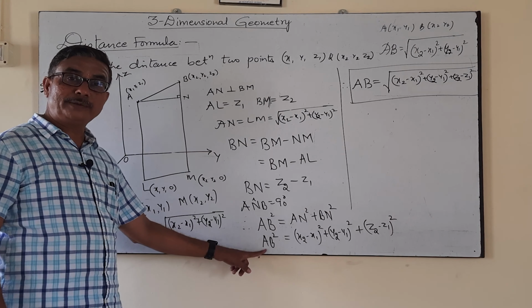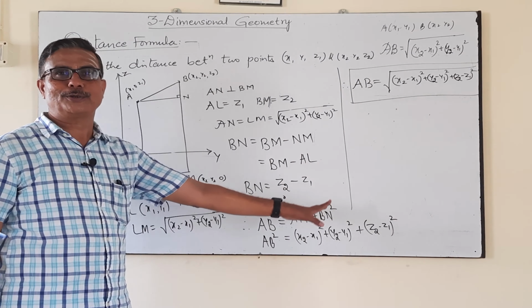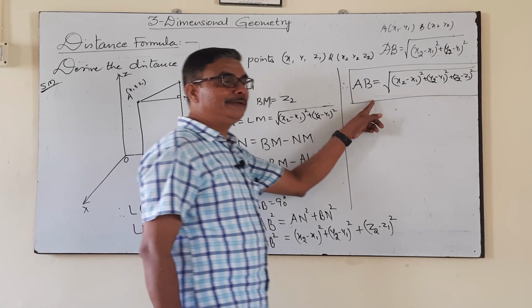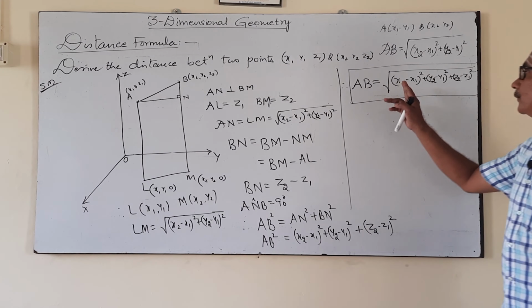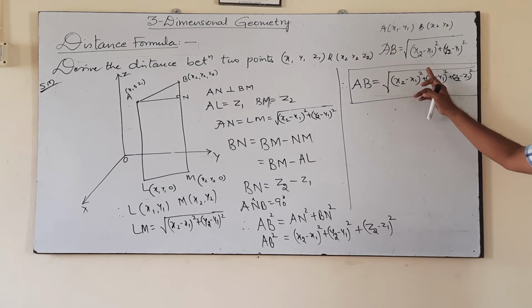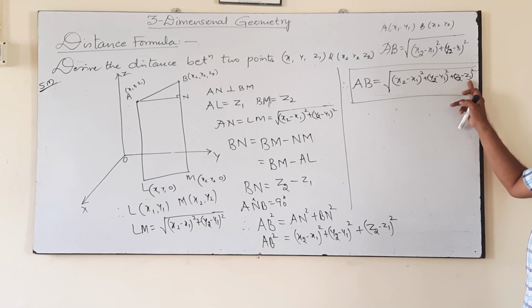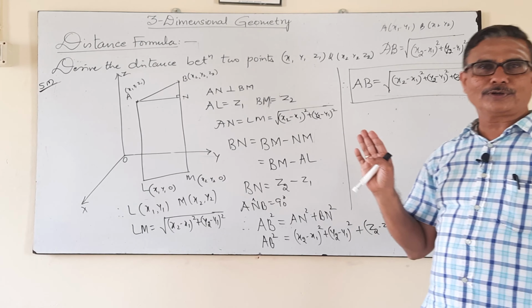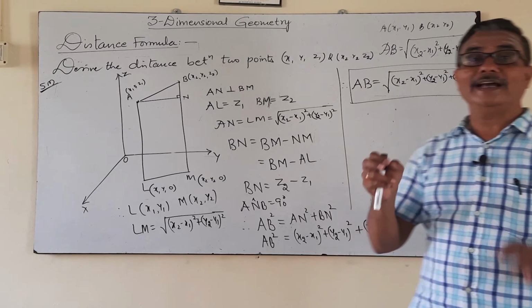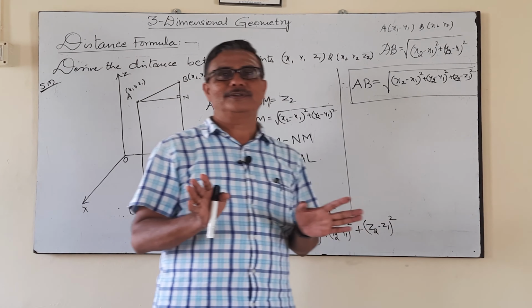This is the value of AB square. Taking the square root on both sides, therefore AB is equal to under root of x2 minus x1 to the power of 2 plus y2 minus y1 to the power of 2 plus z2 minus z1 to the power of 2. This is known as the distance formula.